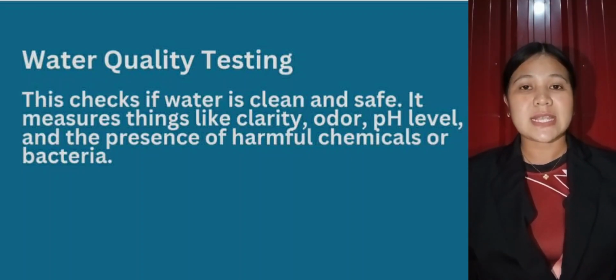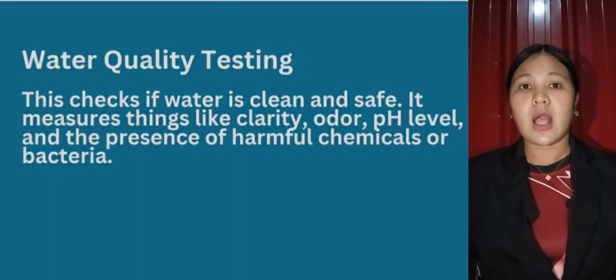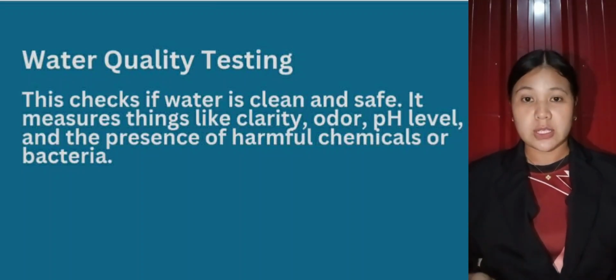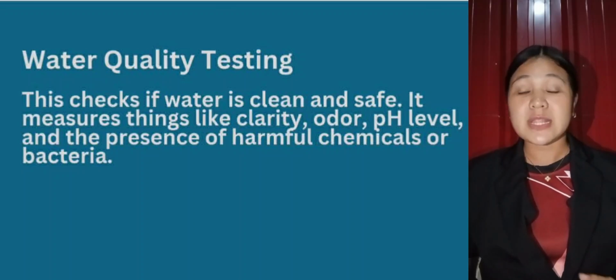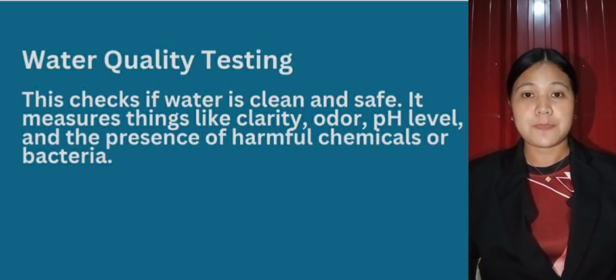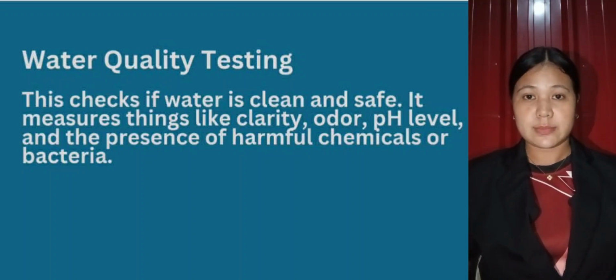Regular water testing helps prevent waterborne illnesses and protect our water resources because we consume water every day. So we need clean and safe water for our everyday consumption. That's water quality testing.